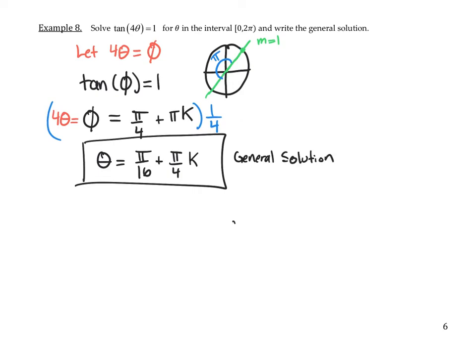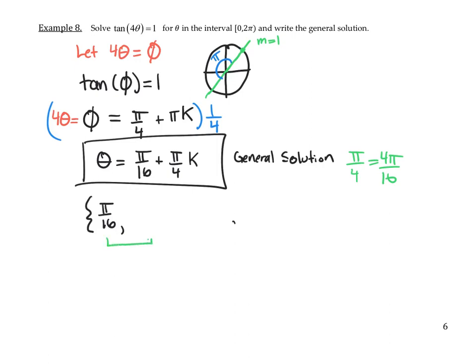So there's my general solution, but now I actually need to find the answers in 0 to 2 pi. So the answers in 0 to 2 pi are going to start with pi over 16. For my next answer, I'm going to repeatedly add pi over 4, and it might be helpful to recognize that pi over 4 is actually 4 pi over 16, just because we want to be able to easily add.